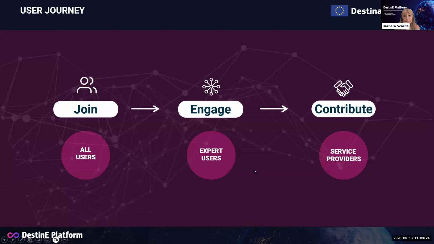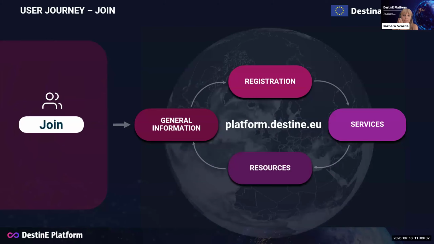Now let's go quickly through the user journey on the platform, which depends on your user type. So the first step is for users to join the platform, and by joining you can find general information. You can register following a standard process, which will allow you to access a number of selected services, and you can find help under resources and contact us directly from there.